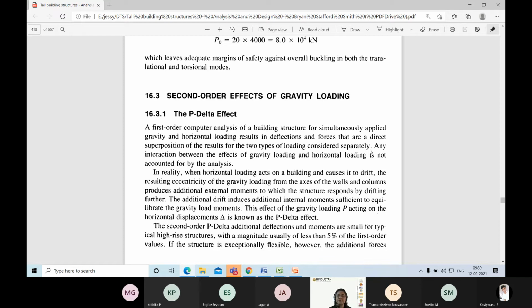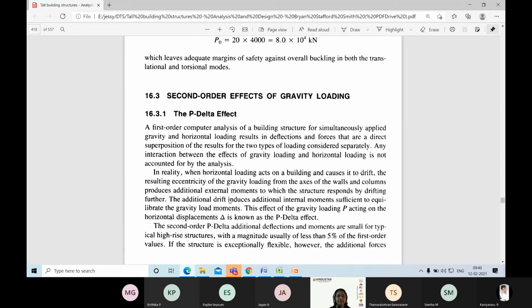But for a high rise building, as I was mentioning, that is not sufficient. Any interaction between the effects of gravity loading and horizontal loading is not accounted for by this analysis. In reality, when horizontal loading acts on a building and causes it to drift, the resulting eccentricity of the gravity loading from the axis of the walls and columns produces additional external moments, to which the structure responds by drifting further.